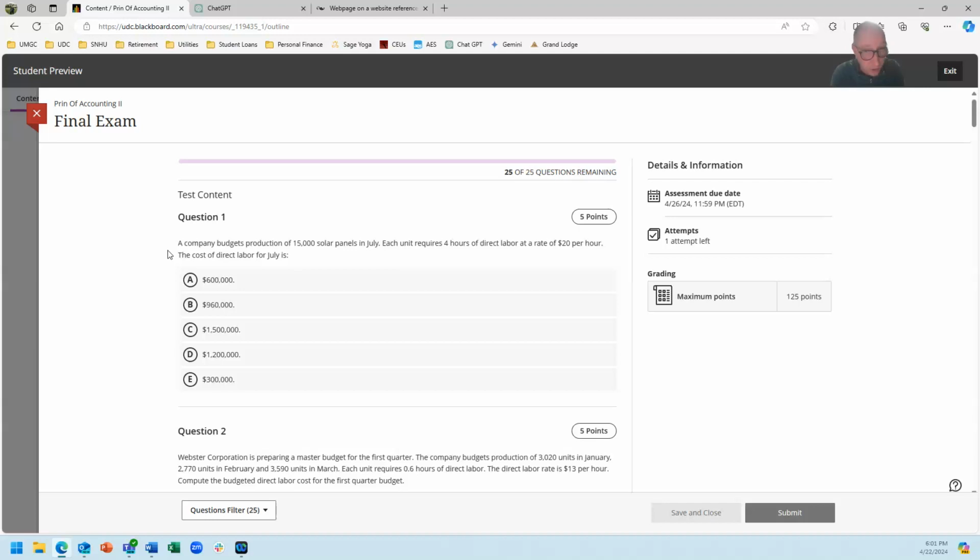Each unit requires 4 hours. 15,000 times 4. That's part 1. That'll give you the total number of hours. Multiply that by $20. That'll give you the total cost. Pretty straightforward.